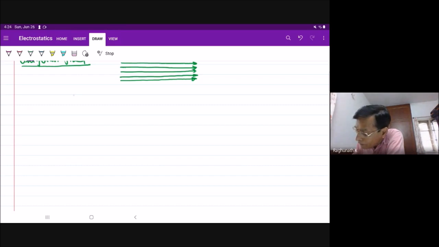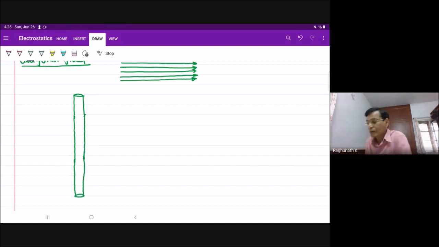If I have infinite line charge, I will magnify it and show that any infinite line charge is a cylinder of 0 radius. You agree that? Line in space is a cylinder of 0 radius.